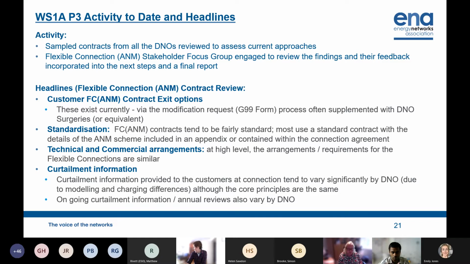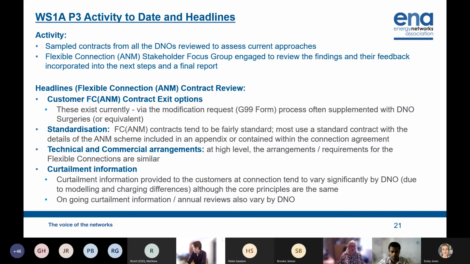So there were a number of conclusions that came out of that report, and these are the key ones. We went into the work believing that there was an issue with exiting these contracts, and we did a lot of activity trying to understand what the options were. We came to a conclusion, which we shared with the stakeholders, that if somebody wants to exit from an existing flexible connection contract, that is possible today.